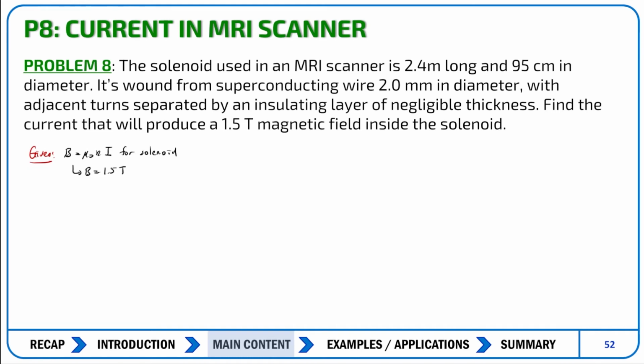So I have B, I have mu naught, and we are trying to solve for I. But before we can solve for I, we need N. So I have to do an analysis to find N.